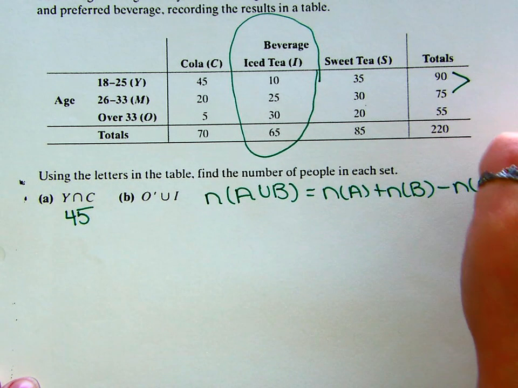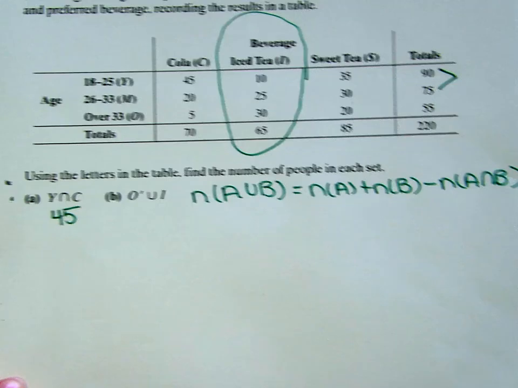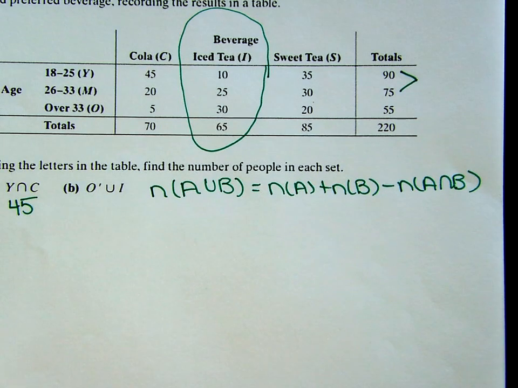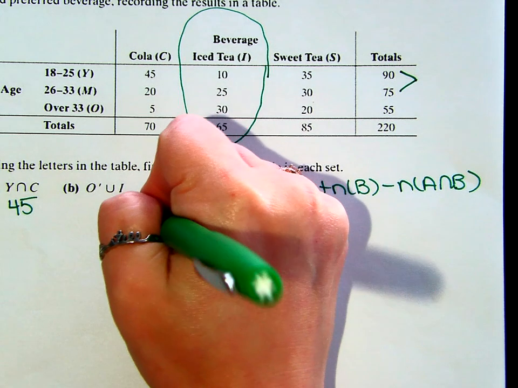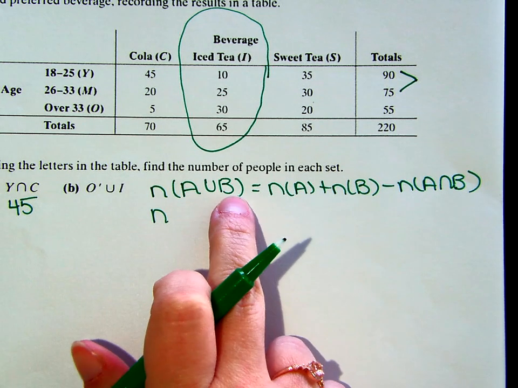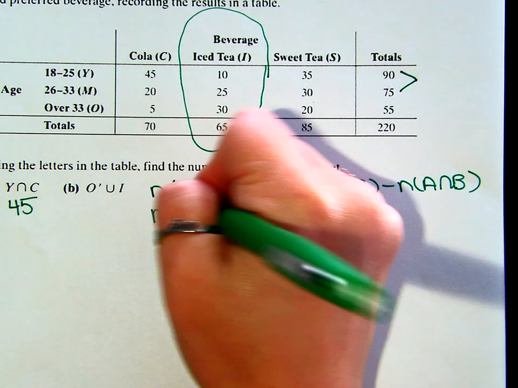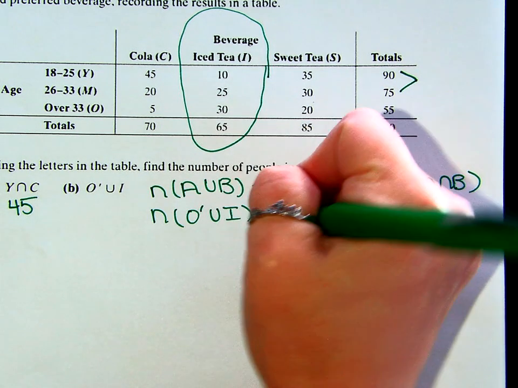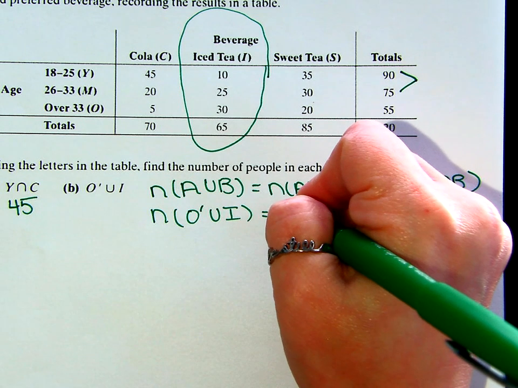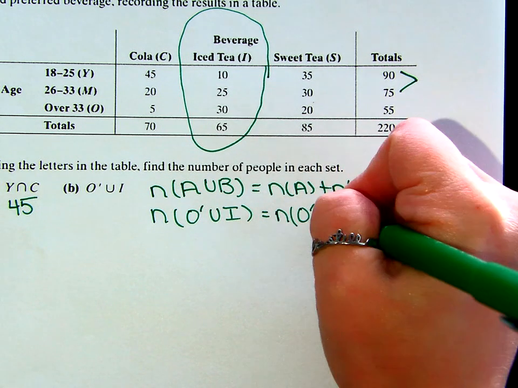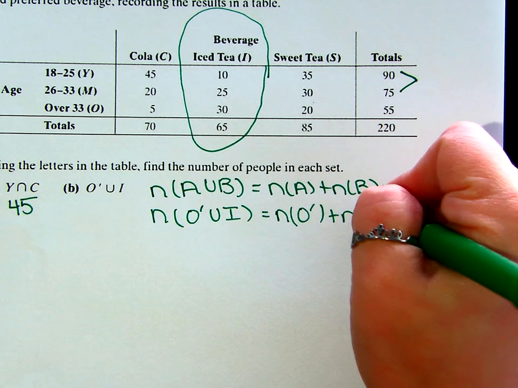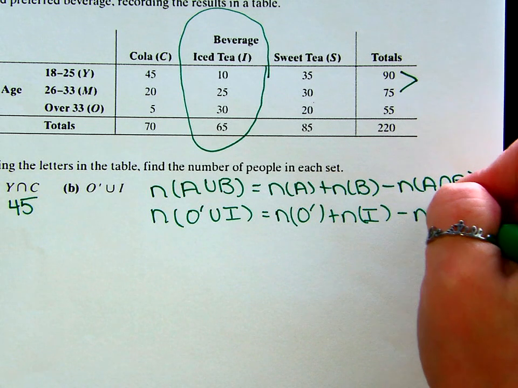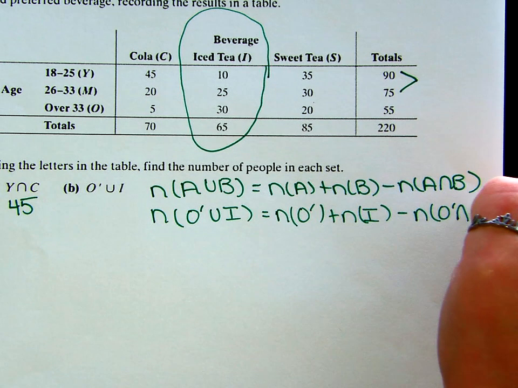Since we're trying to find this, we can change it to N of O complement union I. What that means is I need to find how many people live in O complement, how many people live in I, minus the intersection of those. And all that information is actually given to us on this table.